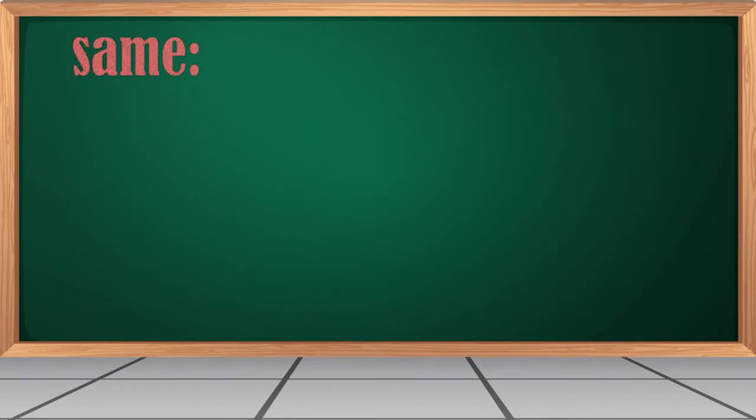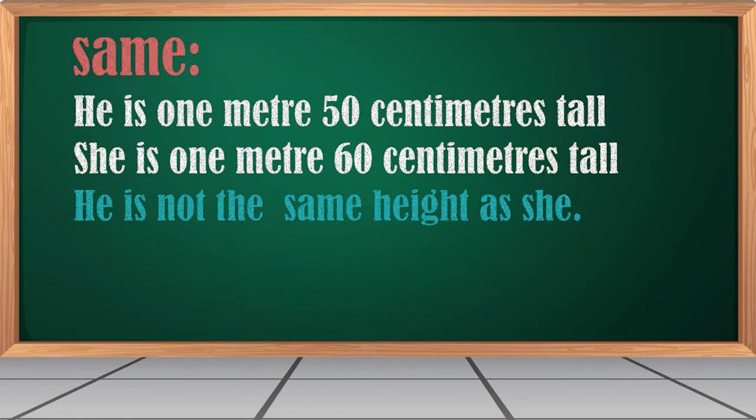Example number 3. He is 1 meter 50 centimeters tall. She is 1 meter 60 centimeters tall. So here they are different. They aren't equal in their height, and I want to join them together to become one sentence with the word same.